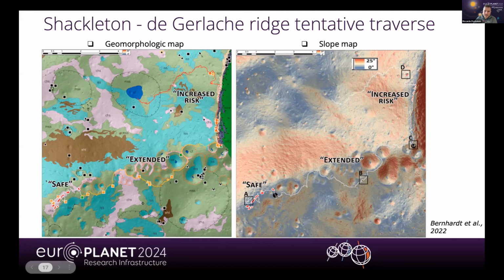And their wording here says safe, extended, and increased risk. So in principle, when you land on the surface of a planet, you want to land safely and you want to accomplish the nominal mission. So the minimum requirements for the mission to be considered successful.